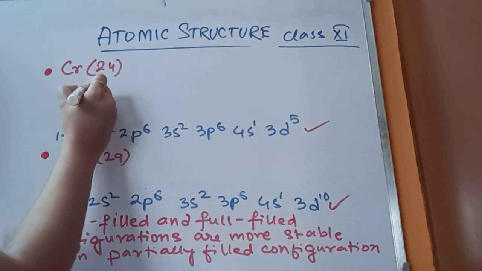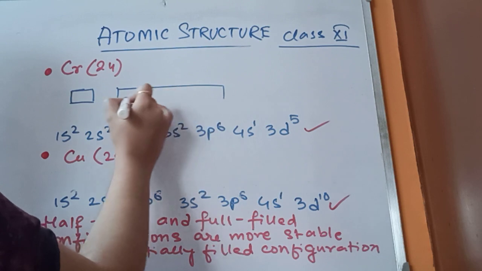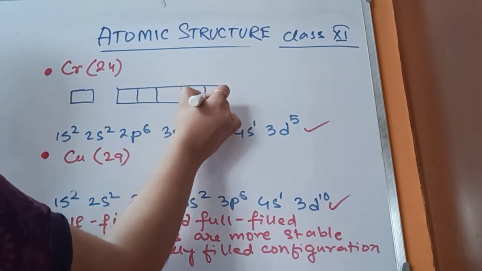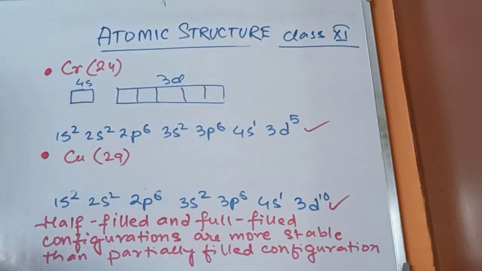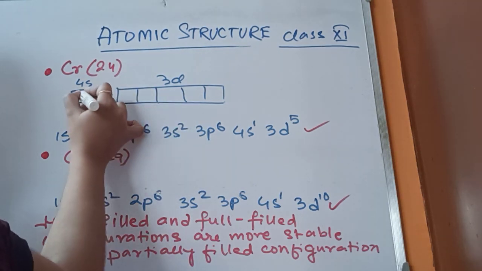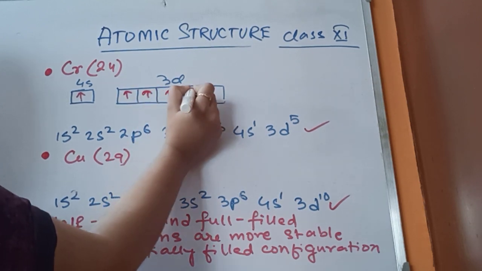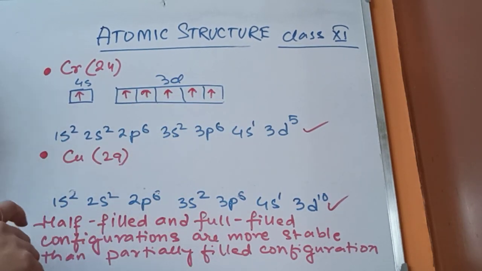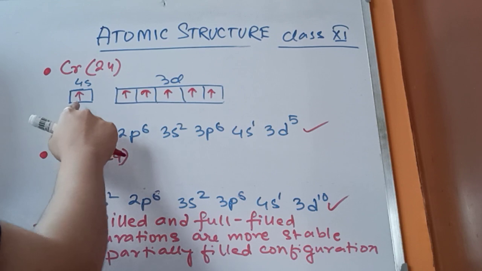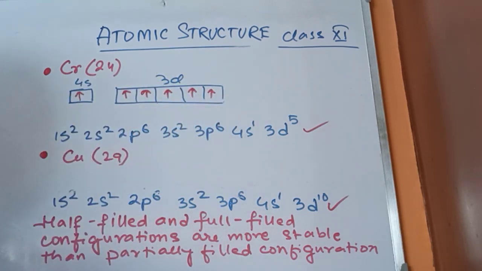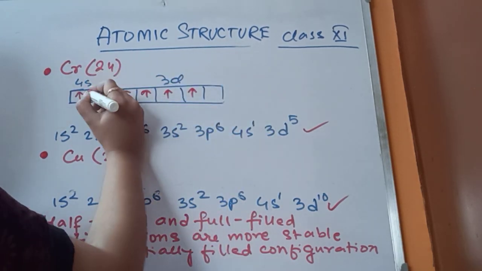Okay. So I'm just showing the 4s and the 3d one, because others are normal. This is 4s and this is 3d. 1 and 3d5. You can see that if all the orbitals are having one electron each, then there is a proper symmetry in the orbitals, rather than it would have like this.